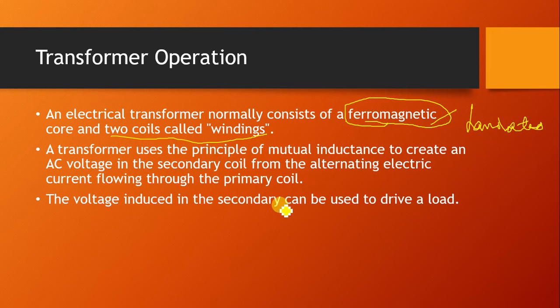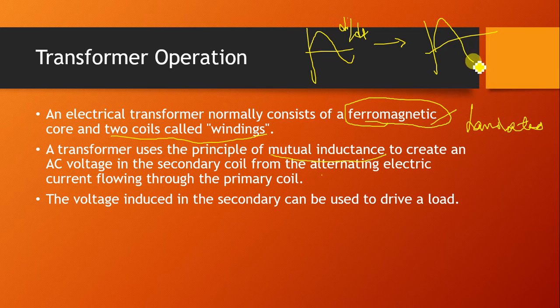This transformer uses the principle of mutual inductance to create an AC voltage in the secondary coil from alternating current flowing through the primary coil. There is an alternating current or voltage, that is di by dt or dv by dt. It provides an output magnetic flux also in the same fashion, d phi by dt.